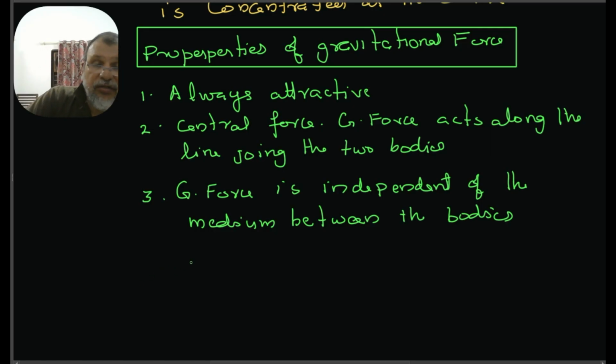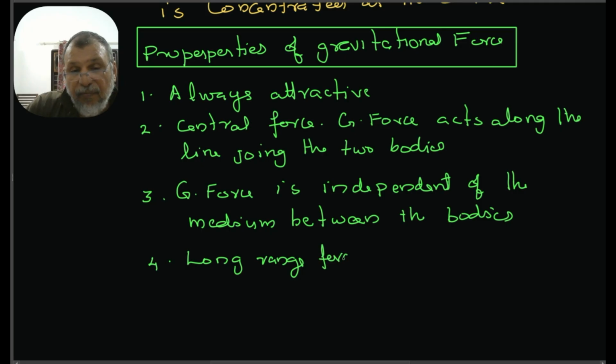These are the most important properties. If I can think of any other interesting points, of course, it's a long range force, which we have already discussed. Gravitational force is a long range force, so its force is experienced even far away from the object, as long as the objects are very heavy.